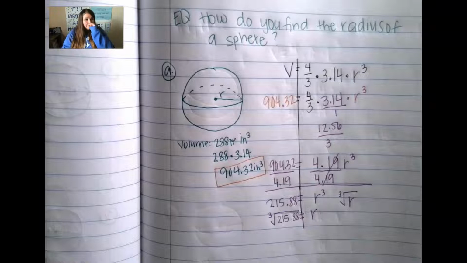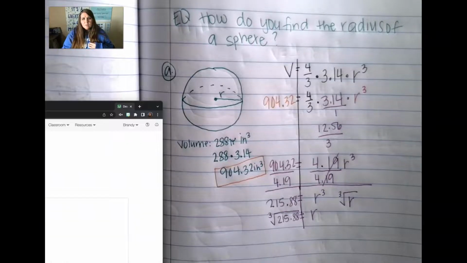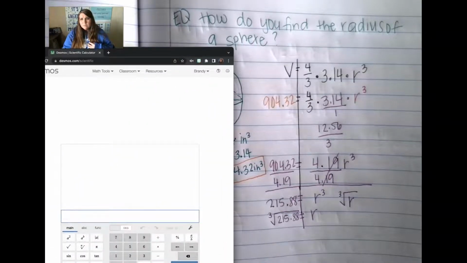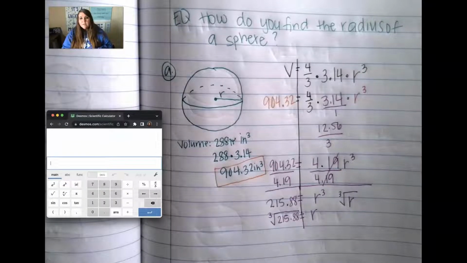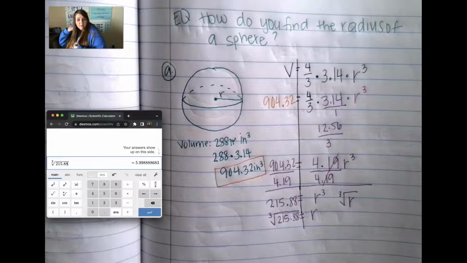So Desmos calculator, I think this is really big. I need to make this much smaller, otherwise it doesn't fit in there. All right, so Desmos calculator, we are going to use this, and we're going to put a 3 right there, and we are taking the cube root of 215.88, and that gives us, we can just round that up, 5.99.